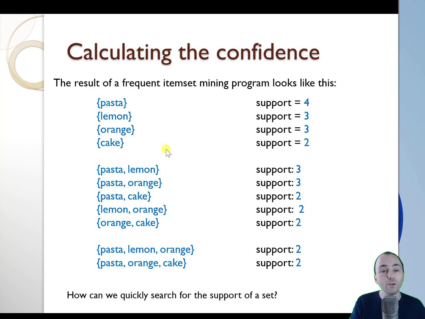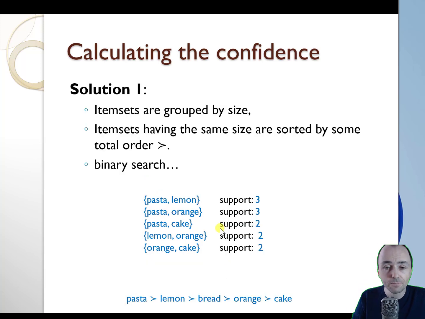So now, if you want to do programming, how can you search quickly the support of a set? Let's say I have a lot of frequent item sets like this, but more. Maybe I have thousands. How could I search for the support? So here I want to show you a few ideas.